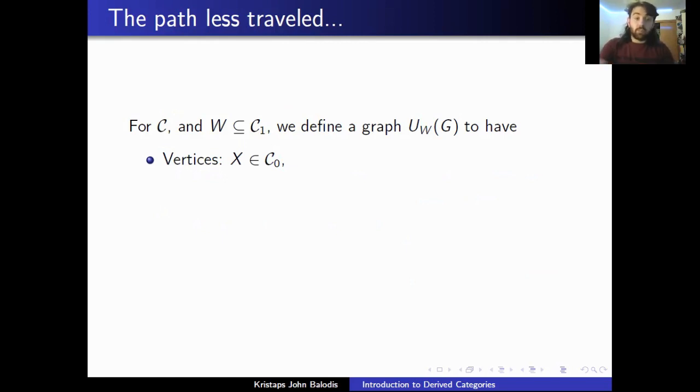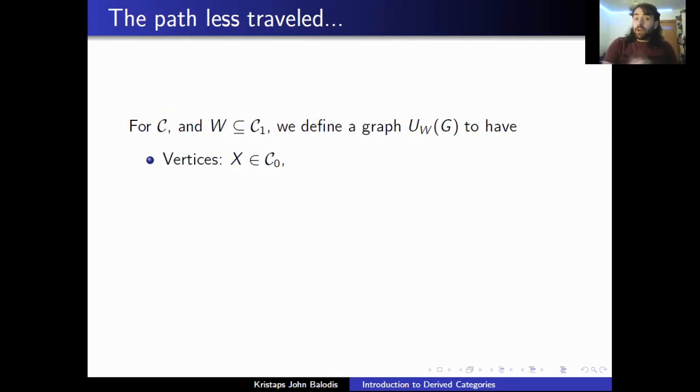C0 is typical notation for the objects of a category, and C1 is typical notation for the morphisms. So this certainly may not be a subset, right? Even though between two objects the morphisms form a class, all the morphisms we're inverting could form a proper class as well.